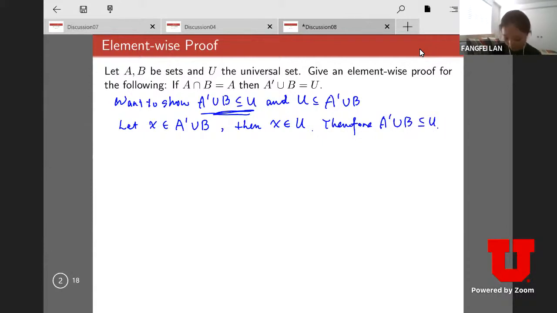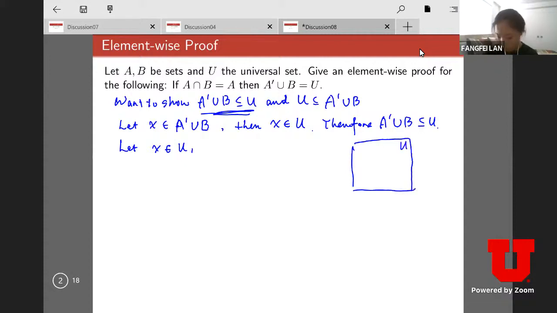All right, let's do the other case. Let X be in U. Where do we go from here? What do we do now? So let's draw a Venn diagram first for this problem.